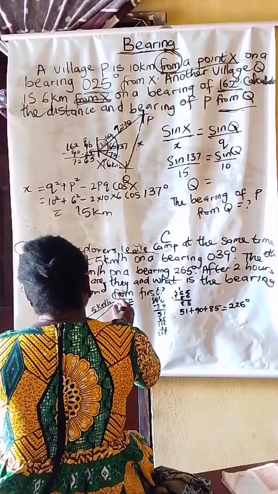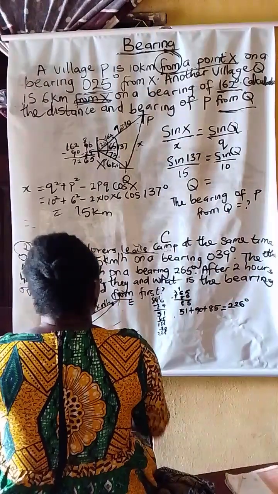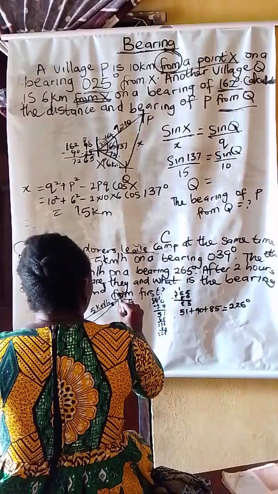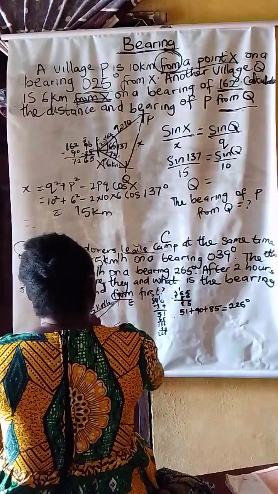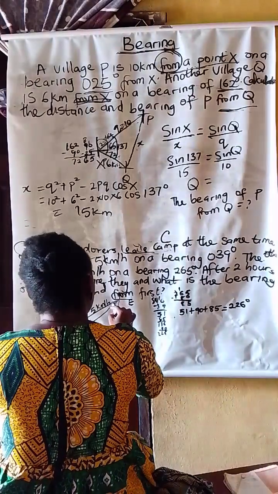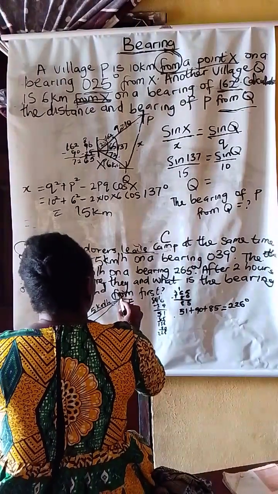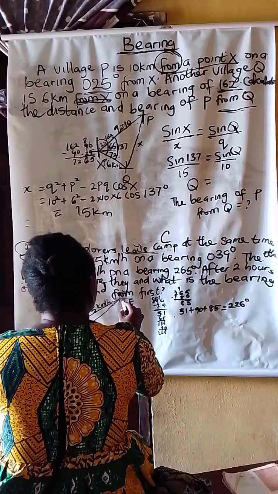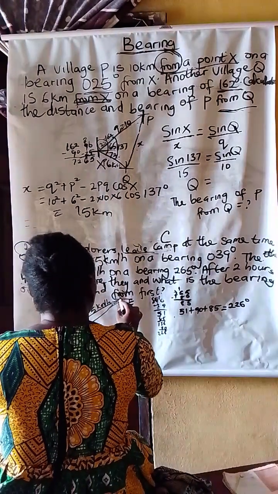From the first, this is what we are looking for. What's the bearing of the second from the first? This is where it is. This line is what we are looking for.